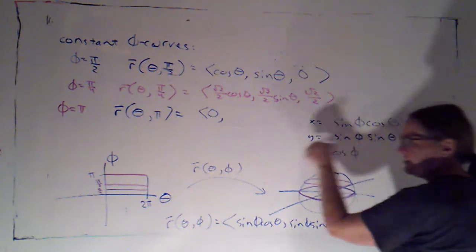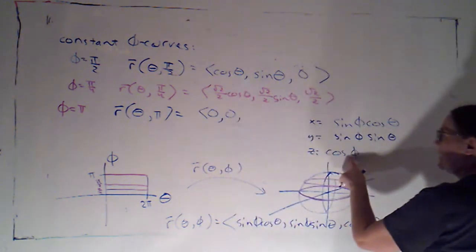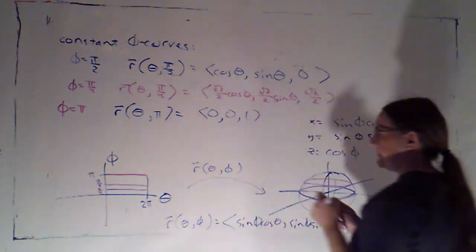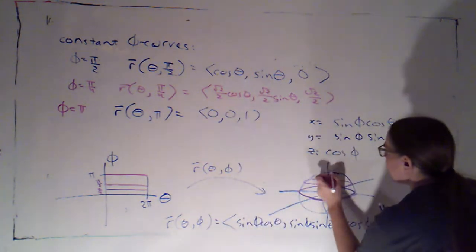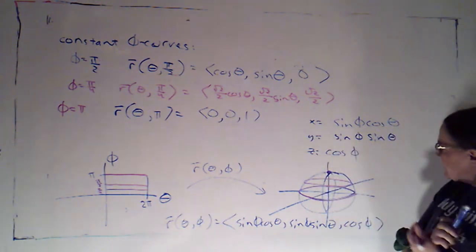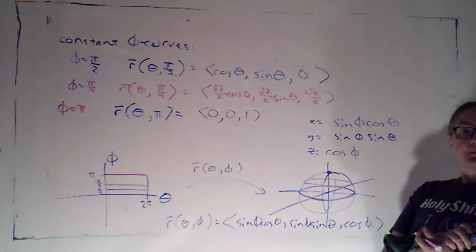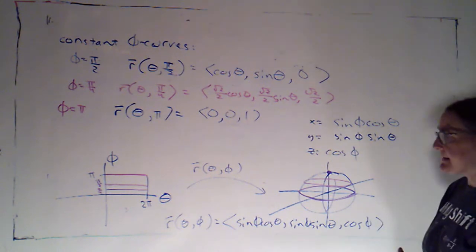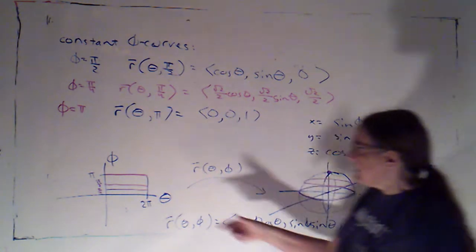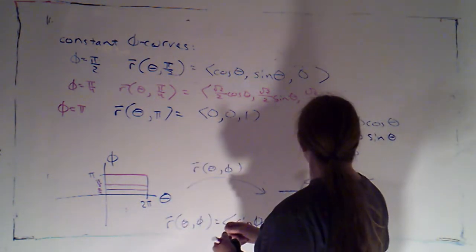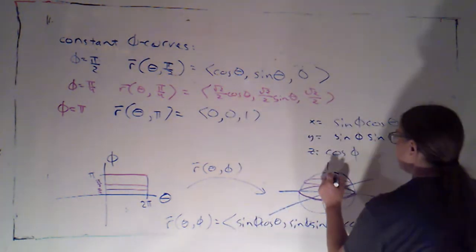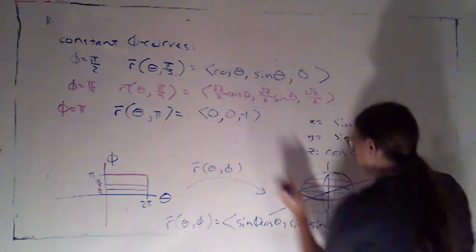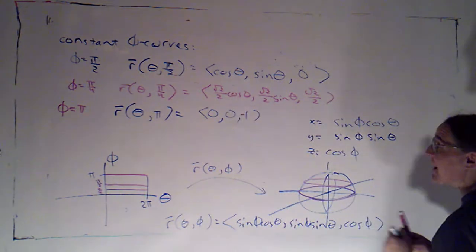Sine of pi is still 0. Cosine of pi is 1. So I'm getting just a single point at the very top of that sphere. That kind of makes sense. I'm sorry, cosine of pi is -1. I'm still getting a single point, but I'm getting the single point down here at the bottom of the sphere.